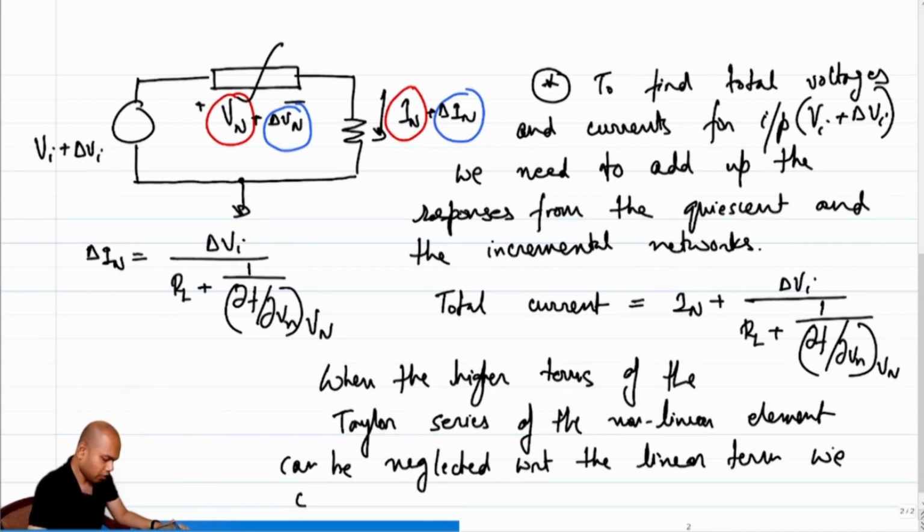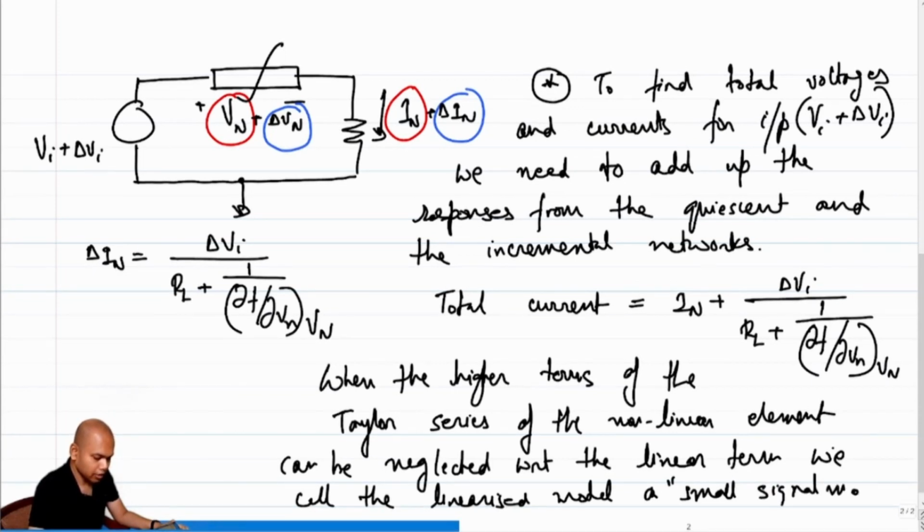We call the linearized model a small signal equivalent or small signal model, right? So from here on in, we will use the terms small signal, linear, or linearized incremental model interchangeably. If you open up textbooks, you will see that this term small signal model is used ubiquitously. So we will also refer to this as a small signal model.